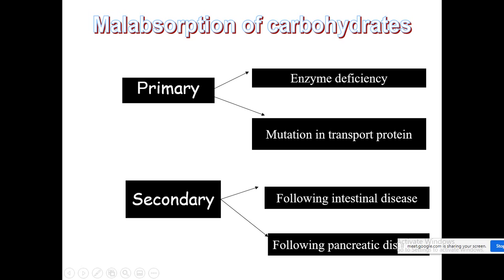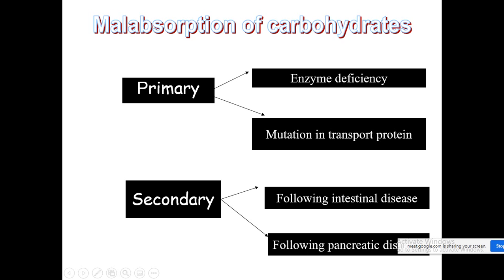If the enzymes associated with the digestion of carbohydrates are deficient, this can lead to malabsorption, and mutation in the transport proteins also can lead to malabsorption, which can be studied under primary malabsorption.